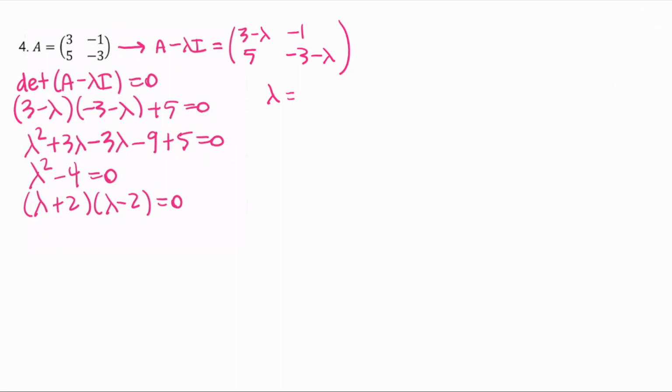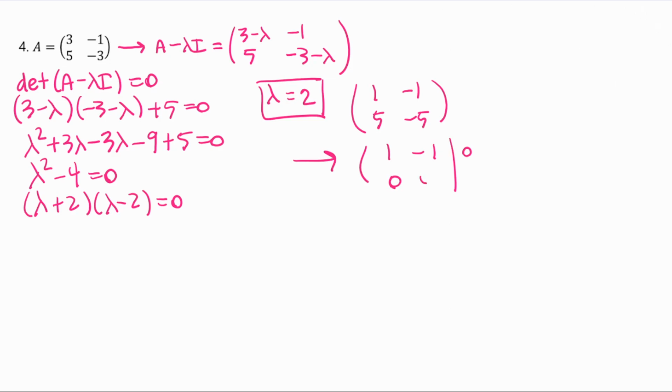Okay, so for lambda equals 2, I'm going to take A minus 2I. 3 minus 2 is 1, negative 1, 5. Negative 3 minus 2 would be negative 5. I'm going to row reduce this and read off the null vectors. So x1 minus x2 equals 0. That means x1 and x2 are equal.